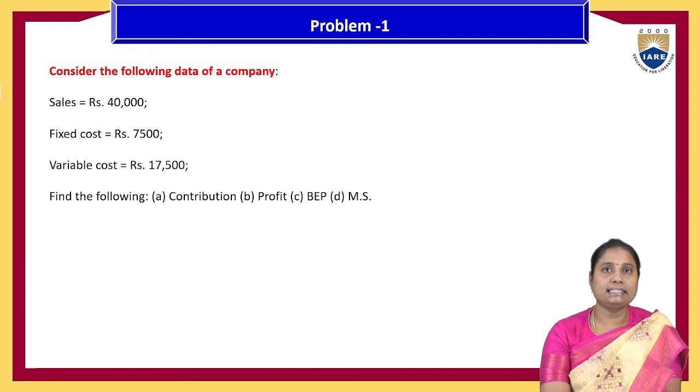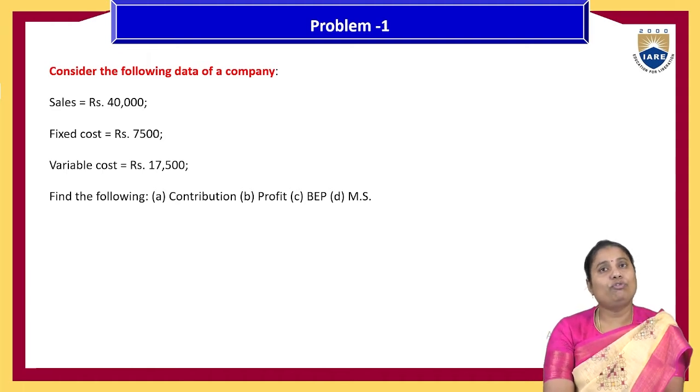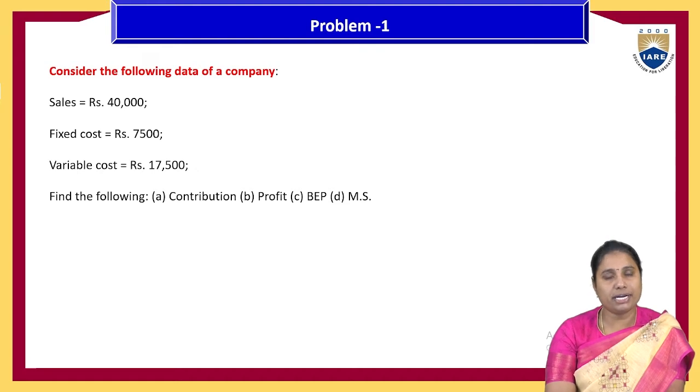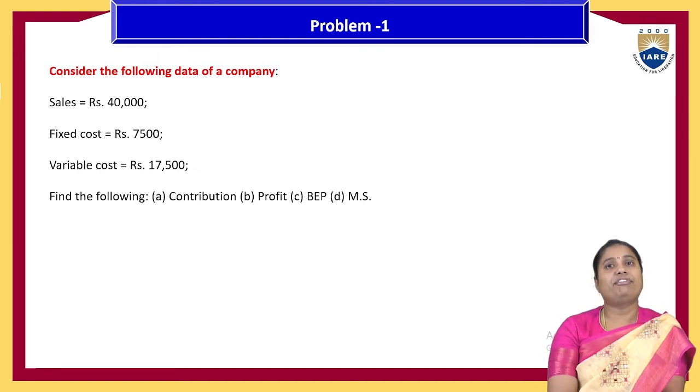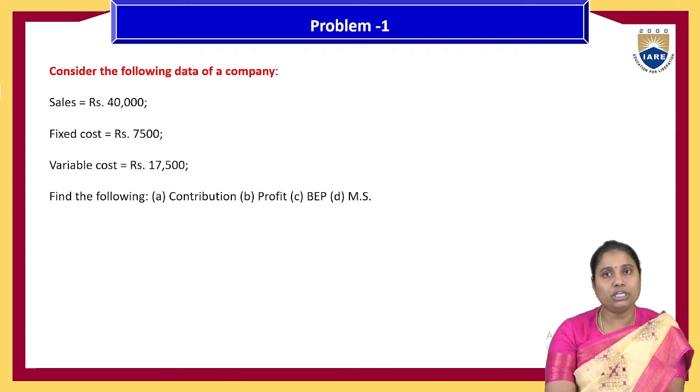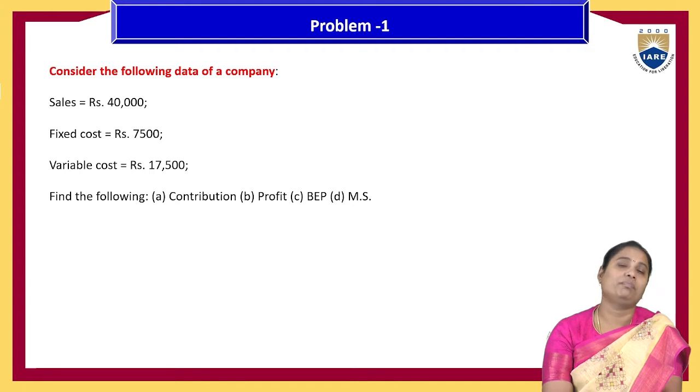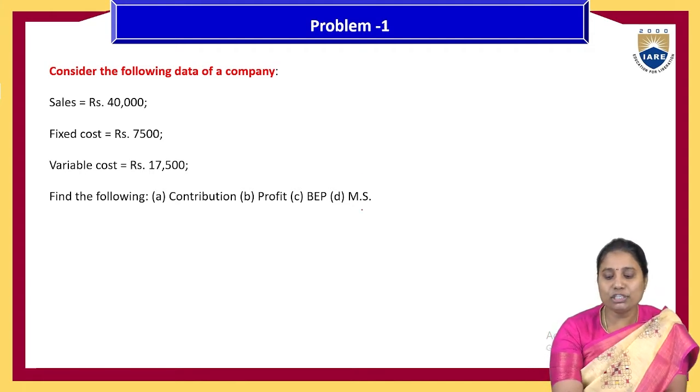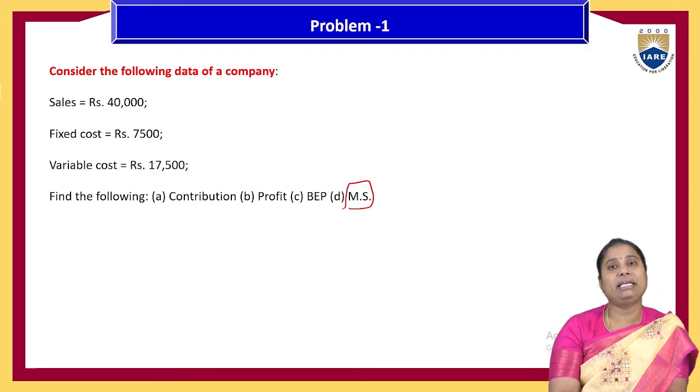The first problem: the sales is 40,000, the fixed cost is 7,500 and the variable cost is 17,500. Find the following: the contribution, profit, break-even point and margin of safety. The margin of safety means whatever they have achieved more than the break-even point.